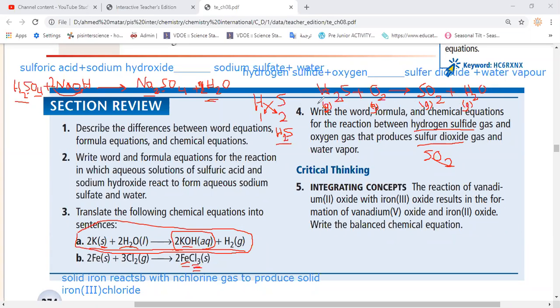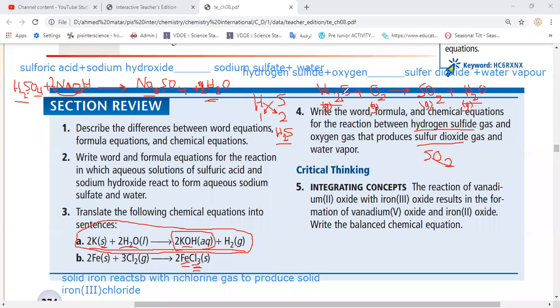Let's test, is the chemical equation balanced or not? How many hydrogen do we have on this side, guys? 2. And how many in the products? 2. Okay, so the hydrogen has no problem.